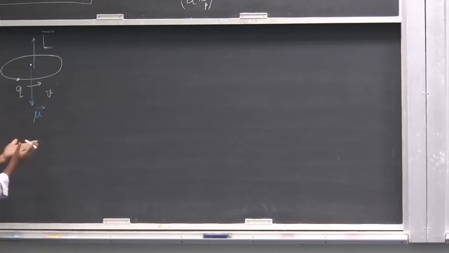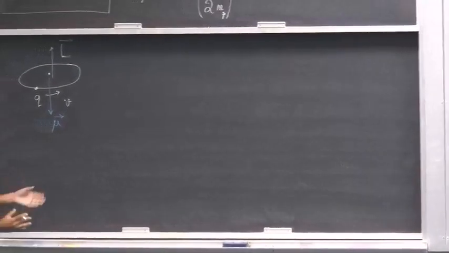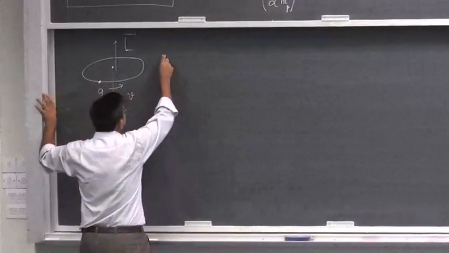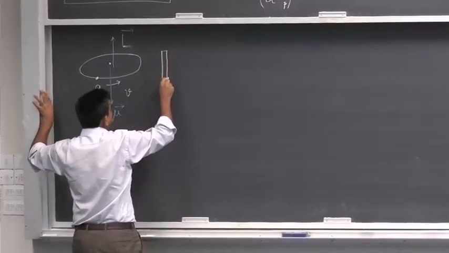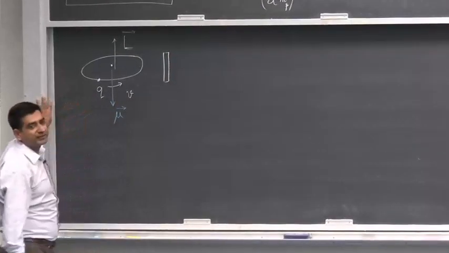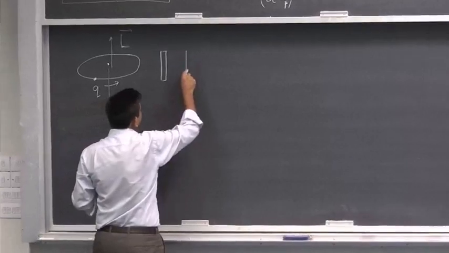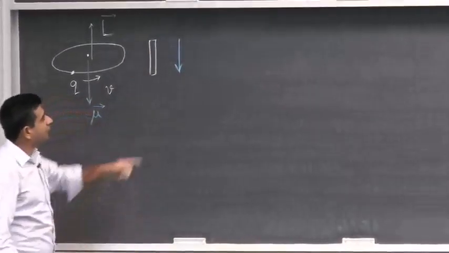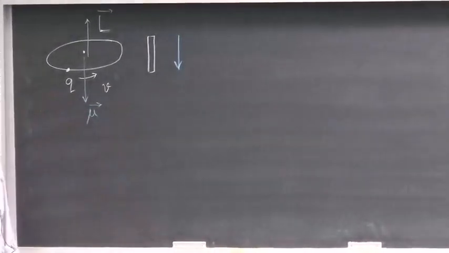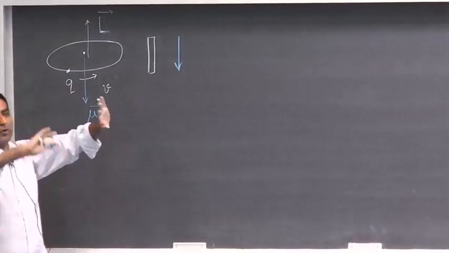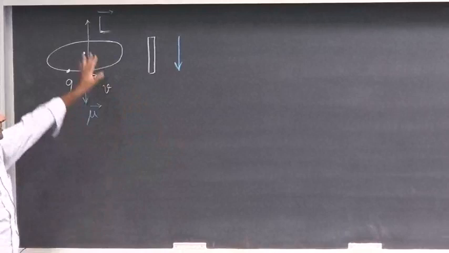This orbiting charge produces a magnetic moment, and this magnetic moment can be visualized as a tiny magnet which has a north pole and a south pole. And you can visualize magnetic moments by arrows. So this arrow could represent the magnetic moment, and you can have these arrows pointing in any direction in space depending upon the angular momentum.